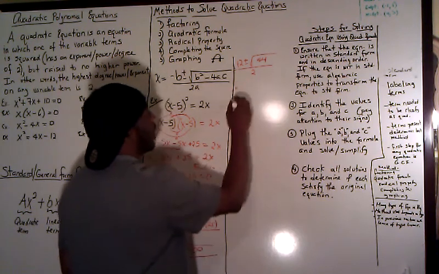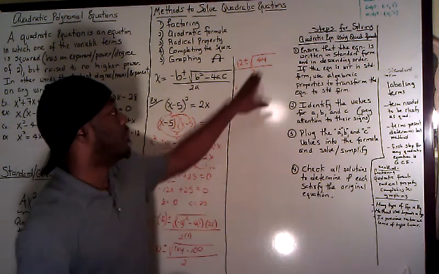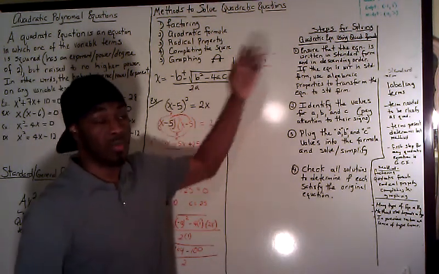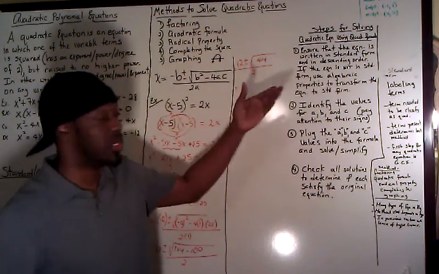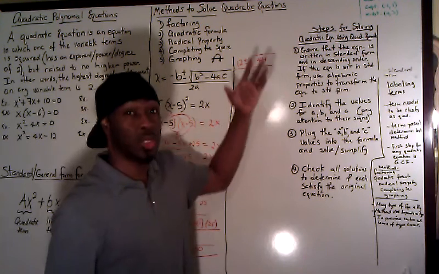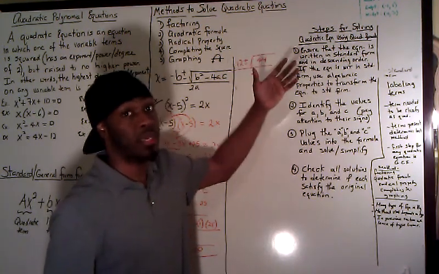So now when we get to this point here, if you notice 44, because we want to simplify the situation that's underneath the radical, in most cases when you use this particular formula, the value underneath the radical is usually a perfect square, but there are cases where it may not be a perfect square.